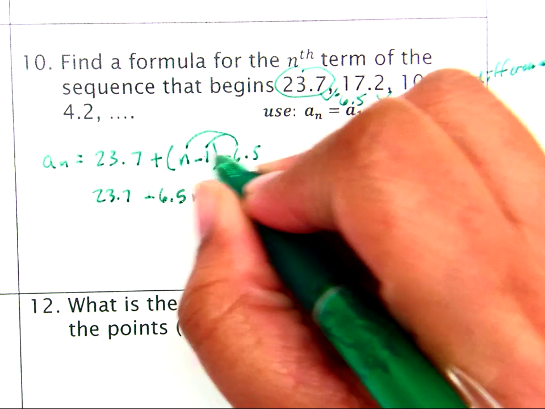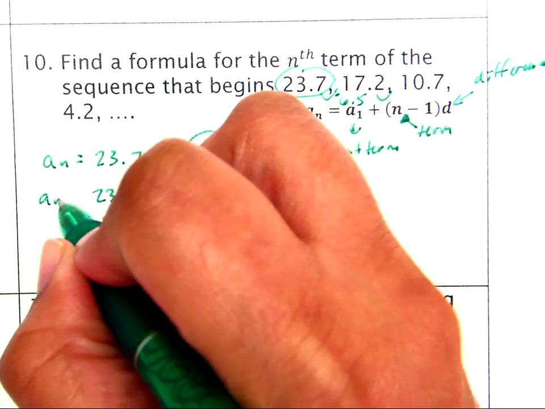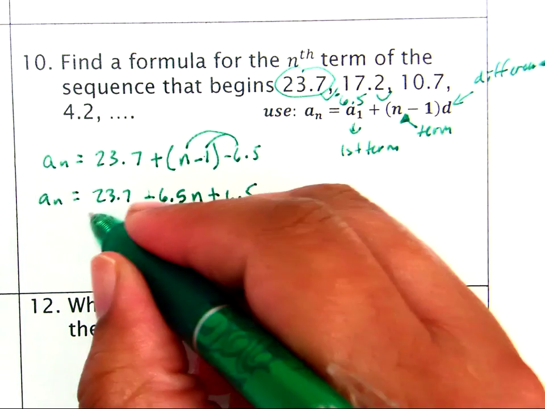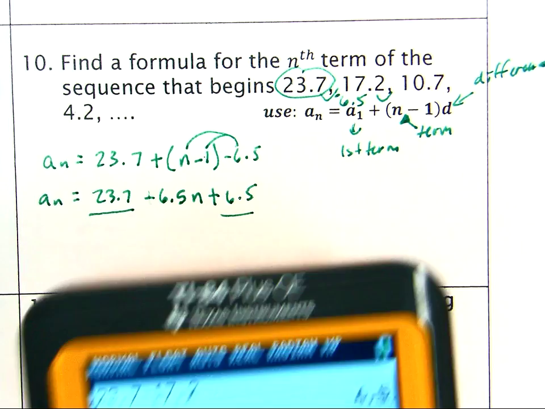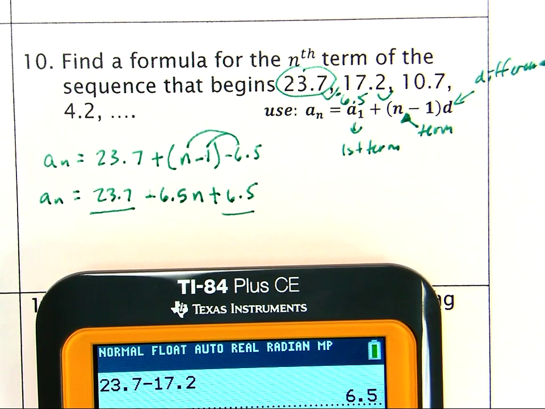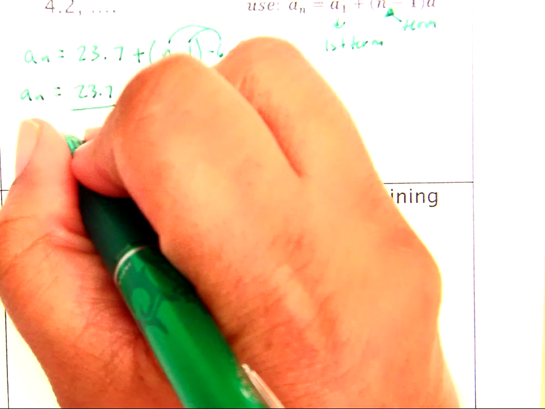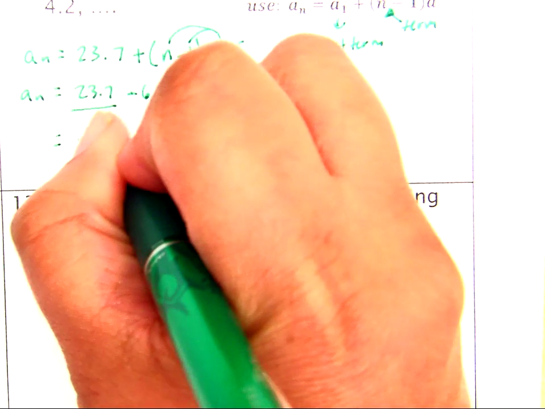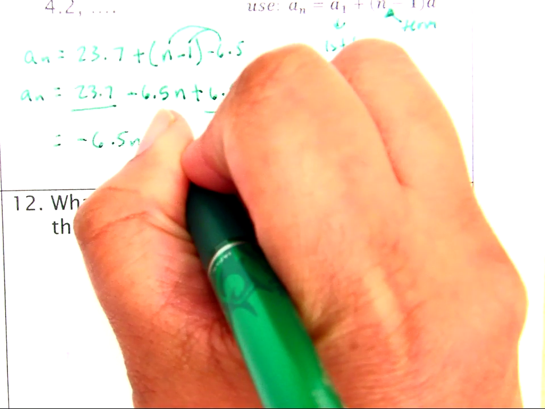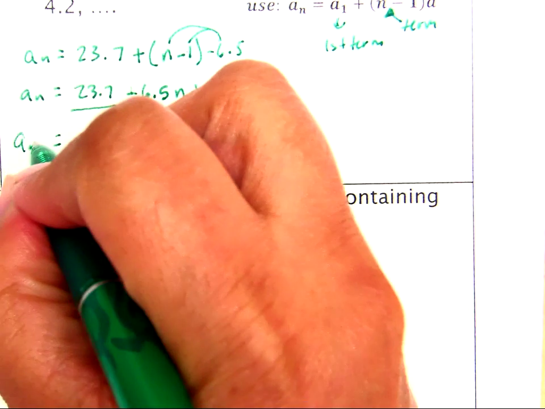Two negatives give me a positive. Now these two are the same, so I'm going to add those two. So 6.5 plus 23.7. That's 30.2. And that's your equation.